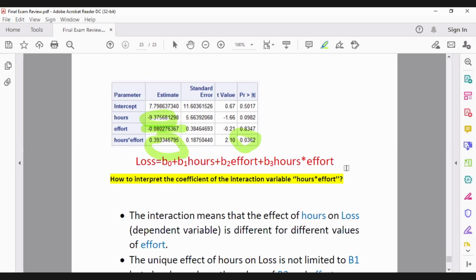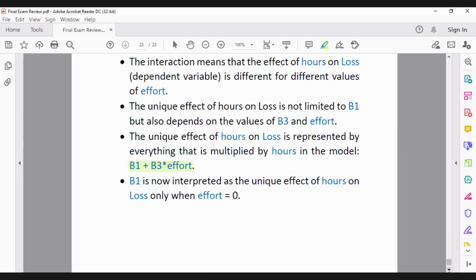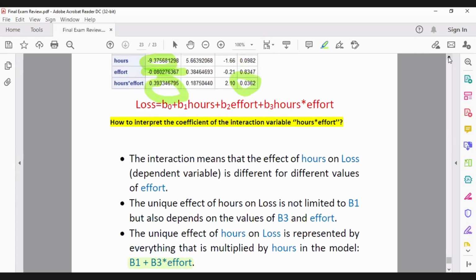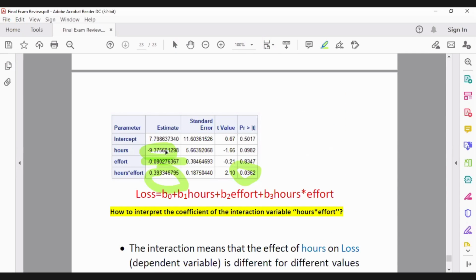Because the interaction term is significant, beta 1 is now interpreted as the unique effect of hours on loss only when effort is equal to 0. So this is the unique effect of hours when effort is equal to 0.